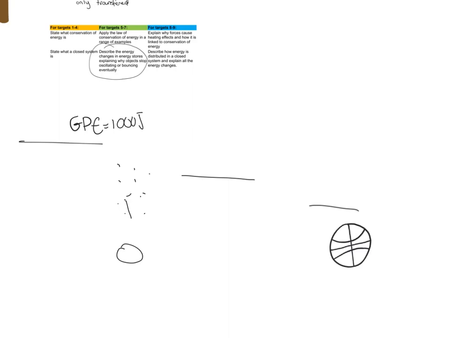So what you have is this energy changing fully as the ball falls to kinetic. So at this point, you will still have 1,000 joules of energy in the kinetic store of the ball.